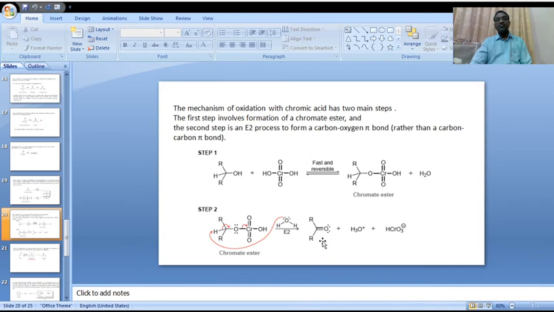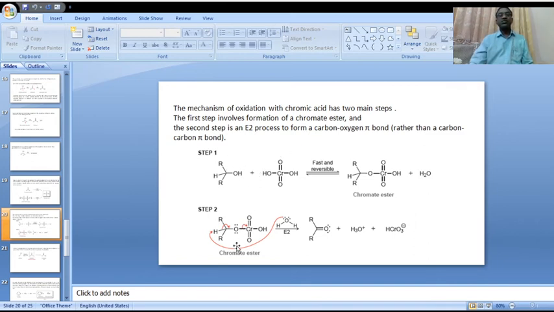Here a new pi bond forms between carbon and oxygen. It is not a carbon-carbon pi bond. After loss of the water molecule, the hydrogen abstracted from the chromate ester is converted to an H3O plus hydronium ion. Is it clear?